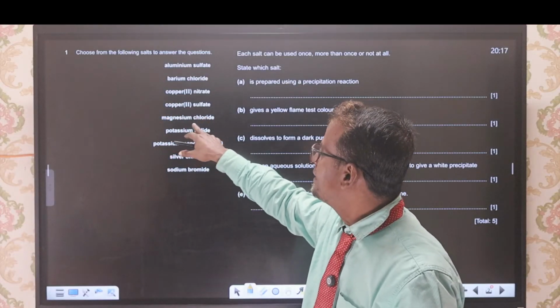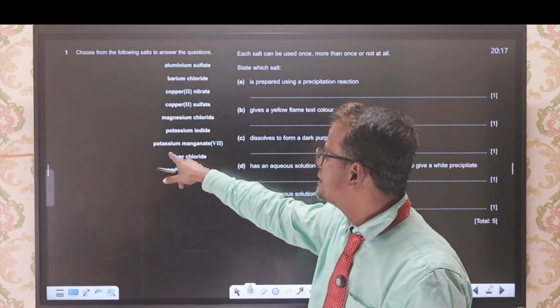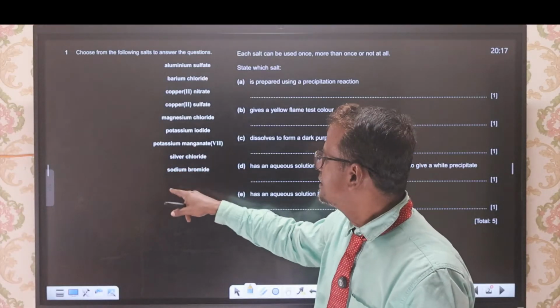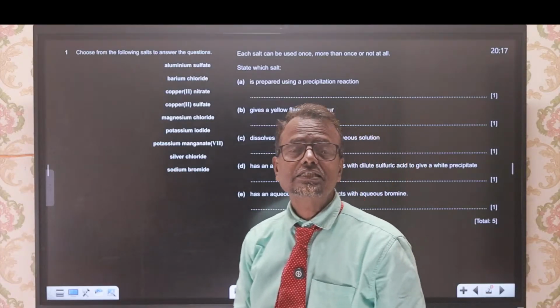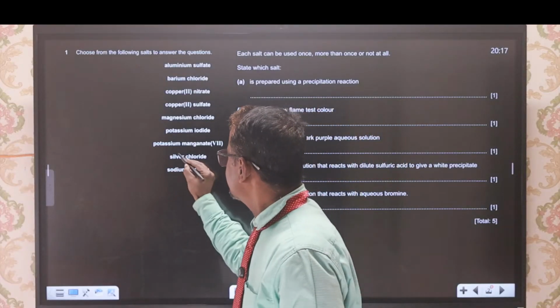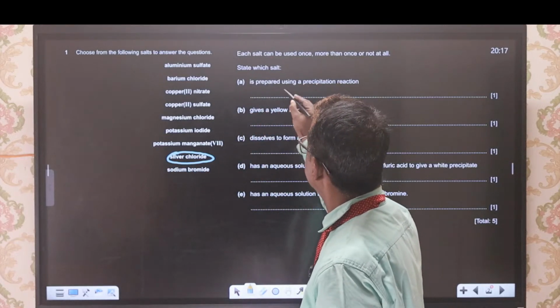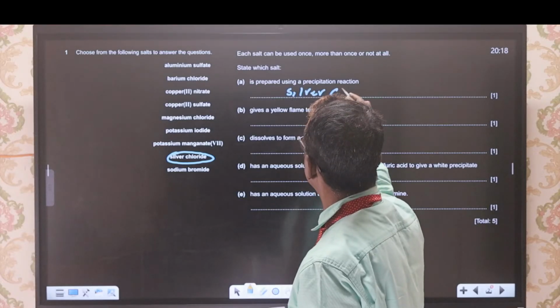Magnesium chloride, all chlorides soluble. Potassium iodide, all soluble. Potassium manganate is also group 1, soluble. Silver chloride is insoluble. All chlorides are soluble except silver chloride. So this is the answer: silver chloride.